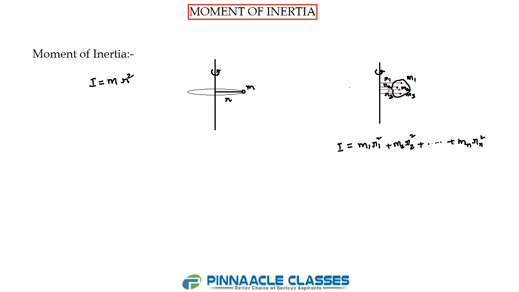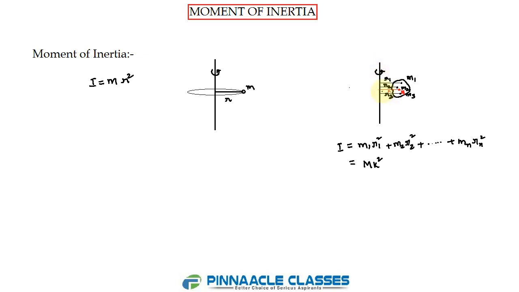We are writing the moment of inertia of the total system as M k square, where M is the total mass of the system, and this total mass of the system seems to be concentrated at a distance k from the axis.